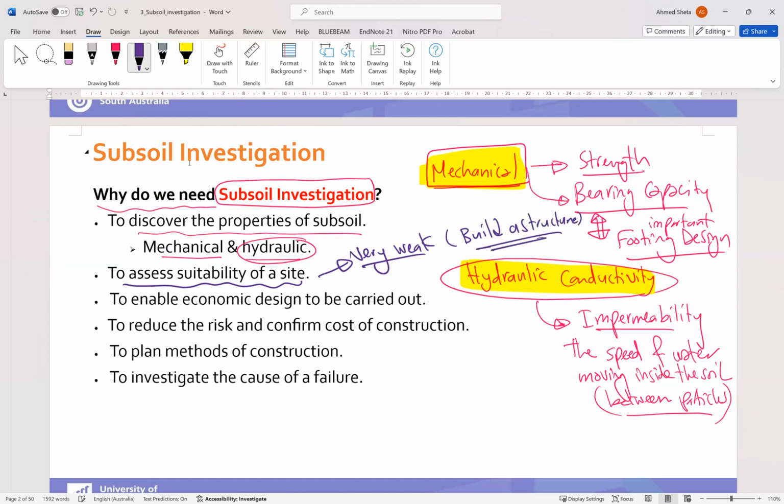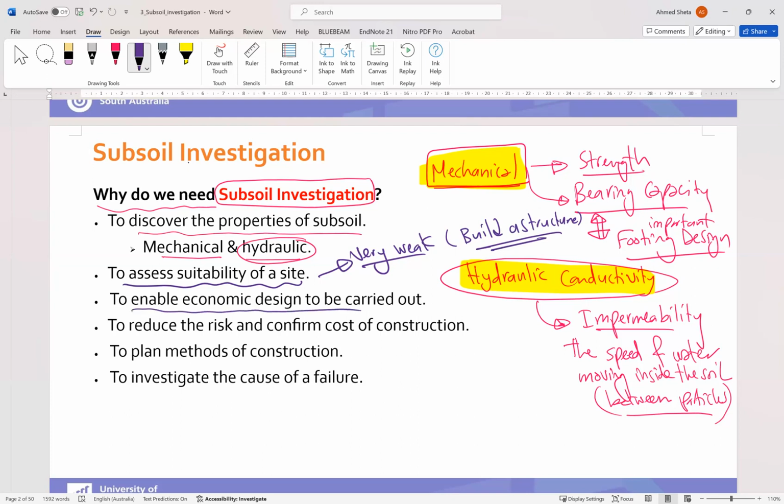In some cases, if the soil is very weak, you will not be able to build your building on this type of soil, and maybe you need to remove the soil and replace it with a strong soil, and you have to follow another strategy, not just construct your building on this weak soil. So this investigation of soil will be important to assess the suitability of soil.